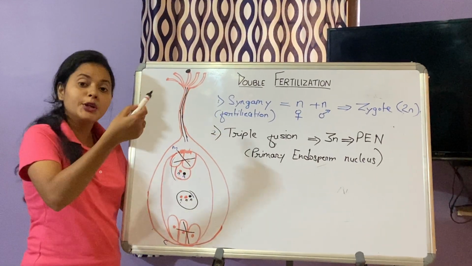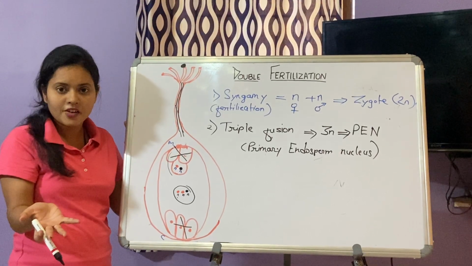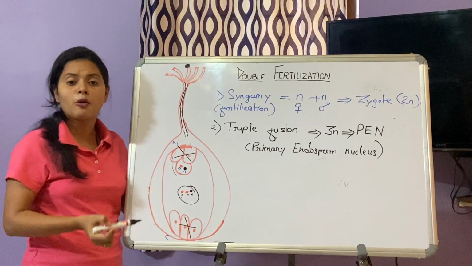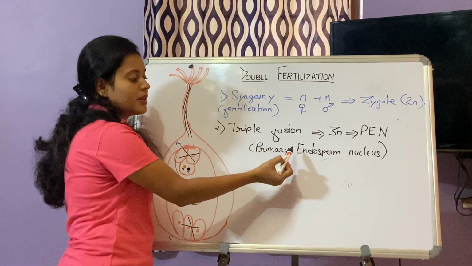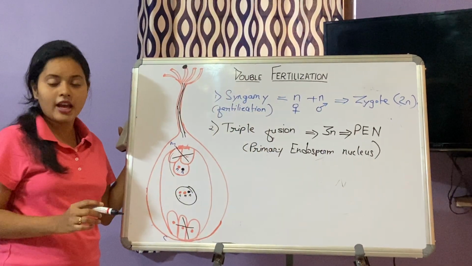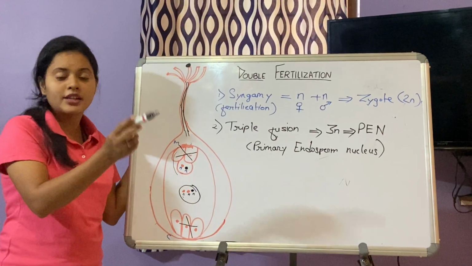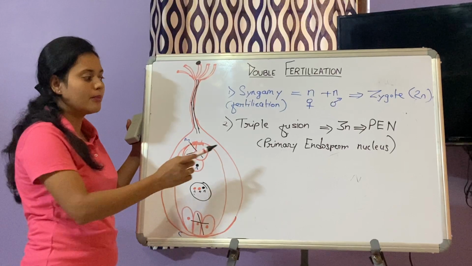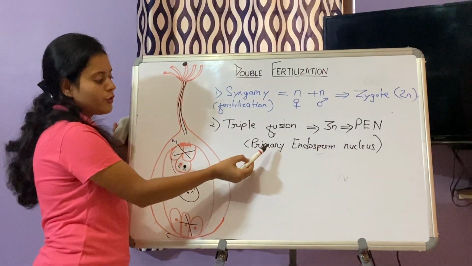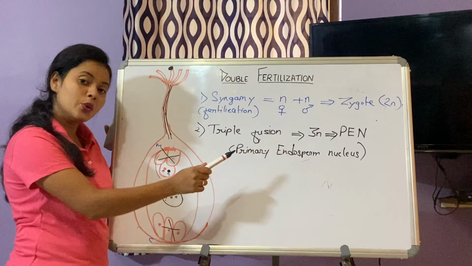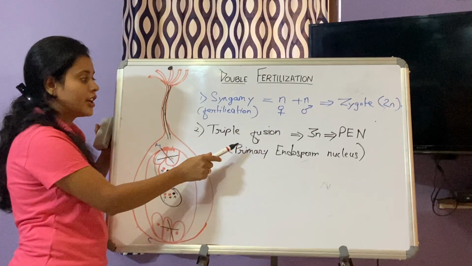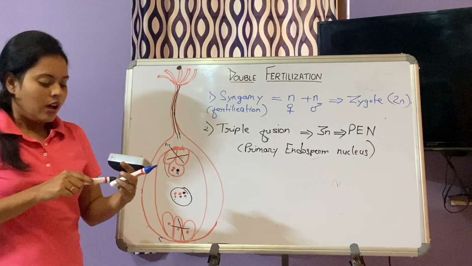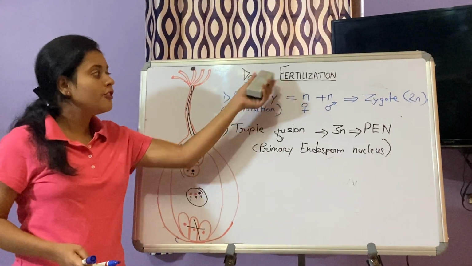To develop into an embryo, it requires nourishment, and that nourishment is given to the developing embryo by this primary endosperm nucleus. How the nourishment is given, we'll see in the next video. For the time being, remember that triple fusion leads to the formation of the primary endosperm nucleus, which always gives nourishment to the developing embryo.